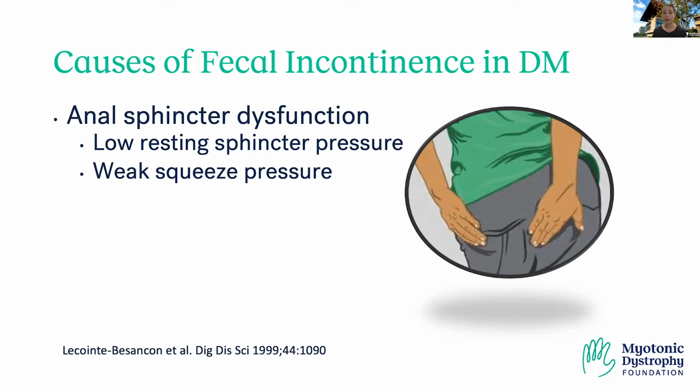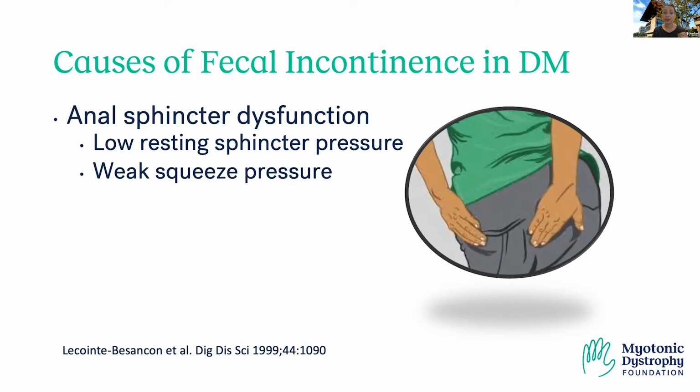The cause of fecal incontinence in patients who have myotonic dystrophy is usually because of the pelvic floor muscles and nerves being damaged because of the myotonic dystrophy. And also, I must say that the abnormal bowel with the diarrhea and constipation can also predispose one to have more of the abnormal leakage from the rectum.